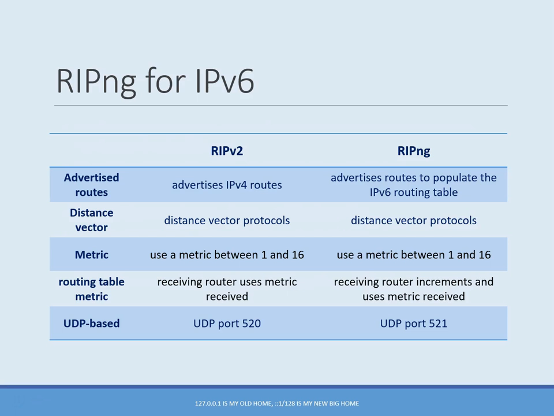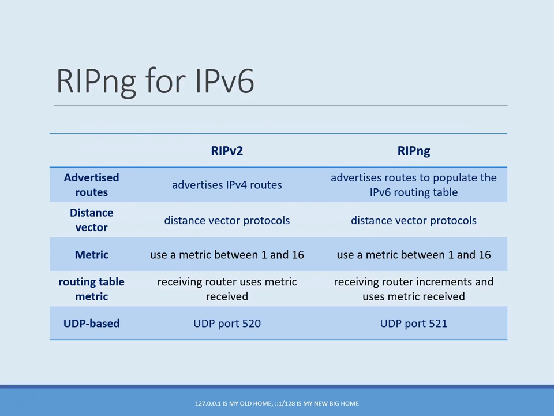In terms of advertised route, of course, RIPv4 advertises IPv4 routes, while RIPng advertises routes for IPv6 to be populated in the IPv6 routing tables.